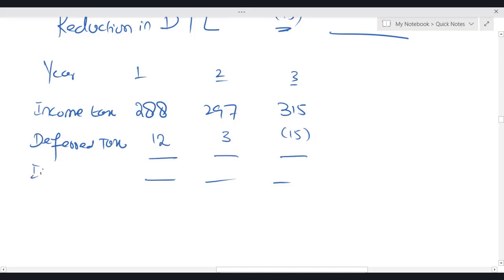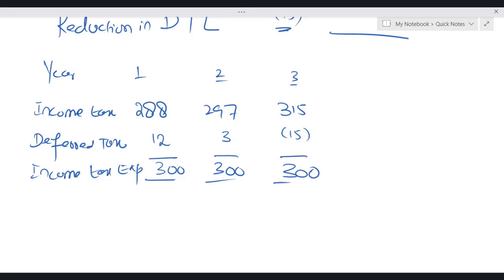Look at this income tax expense. Every year, we will get income tax expense of 300.